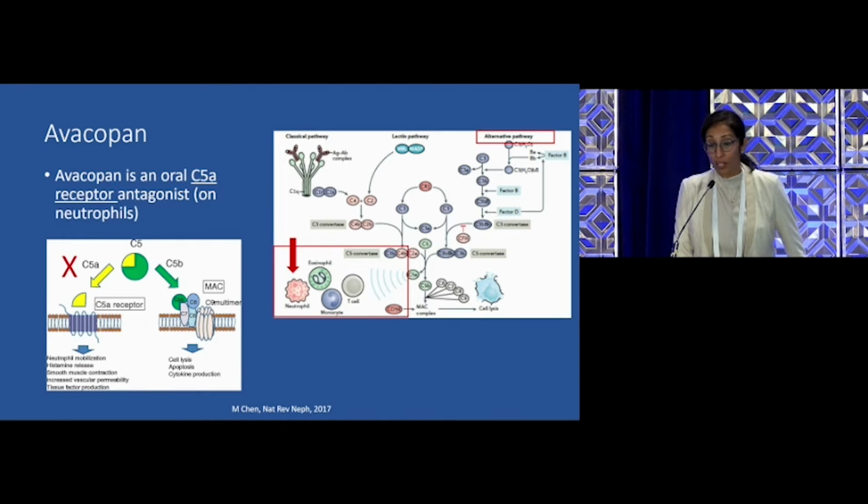Avacopan is a medication that blocks that interaction, and when that interaction happens, you have more neutrophils, which are the central part of ANCA, the N in ANCA vasculitis. You have more neutrophils becoming more active, a lot more vascular permeability, so a lot of these inflammatory proteins can get out into your blood vessels. So it tries to block that interaction.